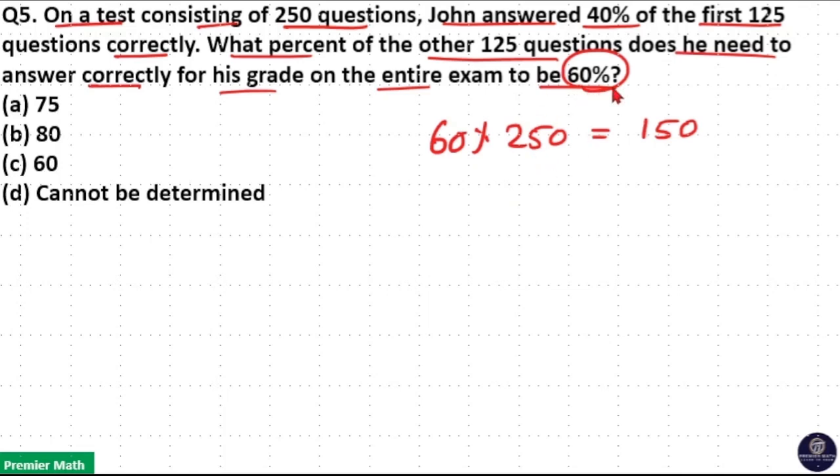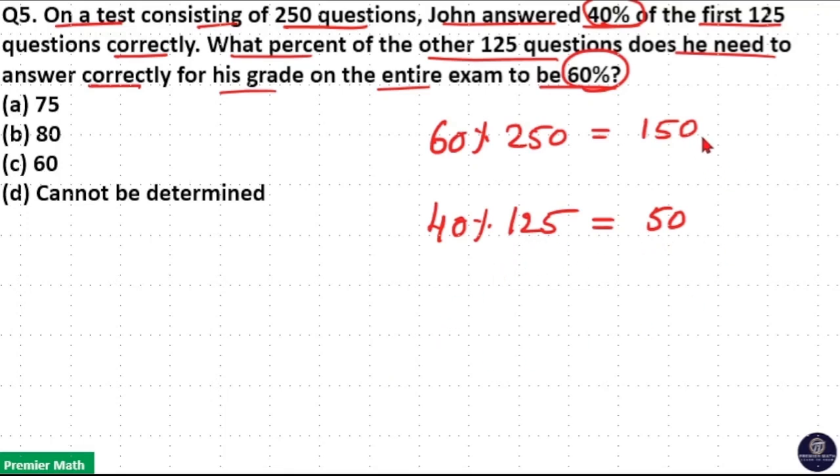And he already got 40% of the first 125 questions correct, which is, here 10% of 125 is 12.5. Then 40% is 4 into 12.5, which is equal to 50. That means he already got 50 questions correct out of 125.